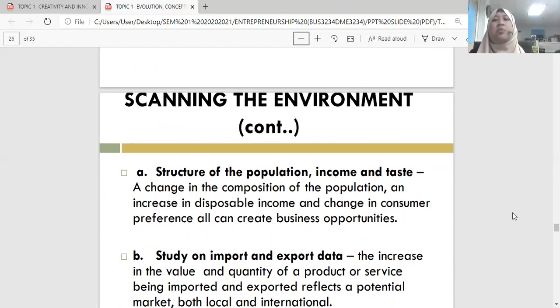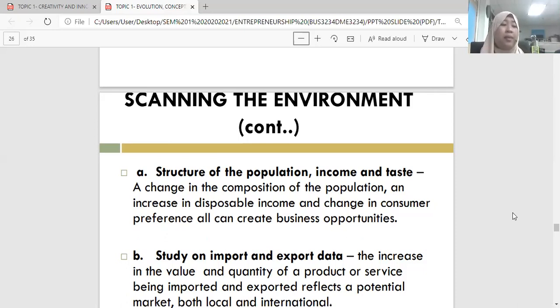I give you a very simple example. When we're talking about consumer preferences, if you look back 50 years ago, our grandma and grandpa's time, there was no such thing. The kids wanted to have fast food; after they came back from school, they would just go directly home. They didn't ask, can I go to McDonald's, can I go to KFC?